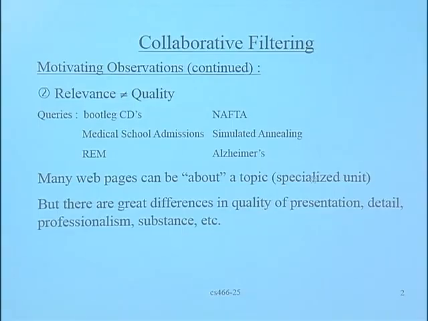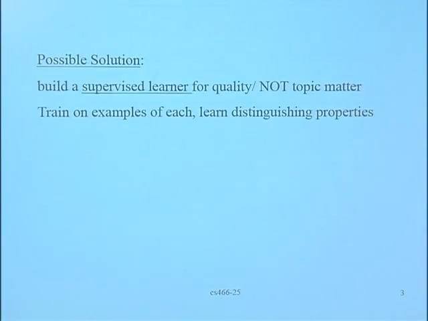There are differences in quality of presentation, detail, professionalism, and substance. There's production values. You want to see a really high quality, slick site as opposed to something that's thrown together, something that has high quality facts as opposed to low. So clearly that's one problem. The other problem, I'll come back to in a second, but addressing this first one, we could, in theory, build a supervised learner that would assess quality and not topic fit.